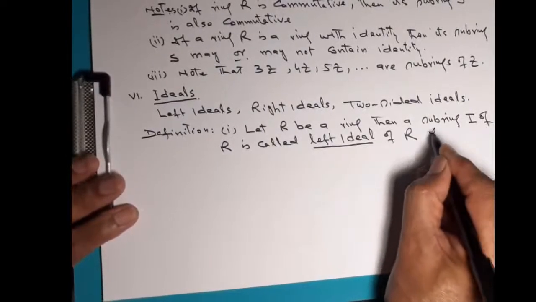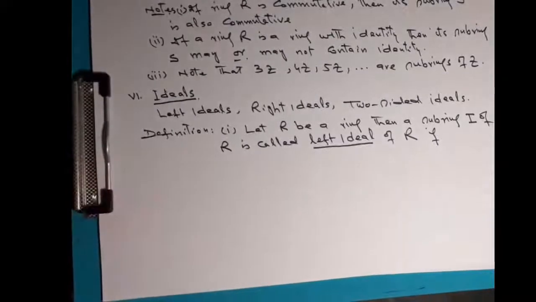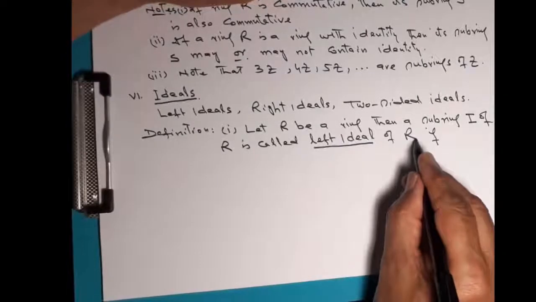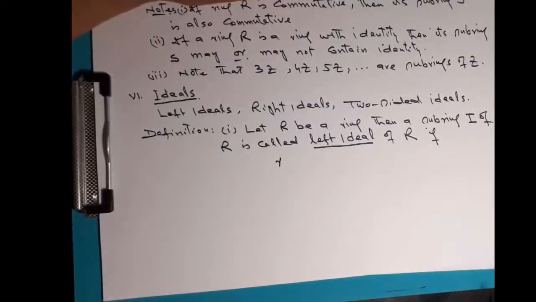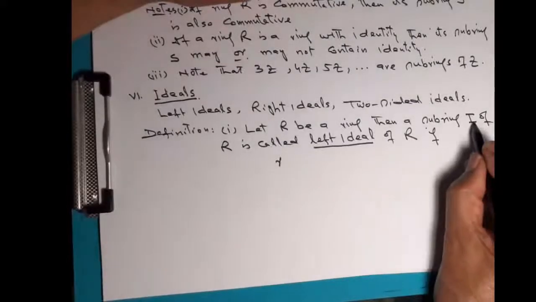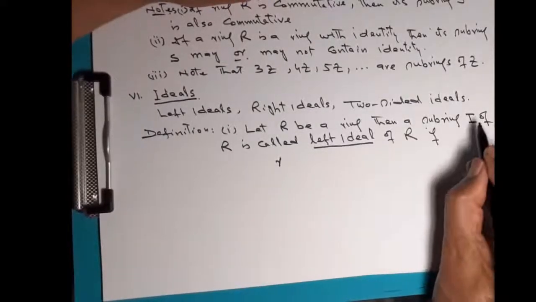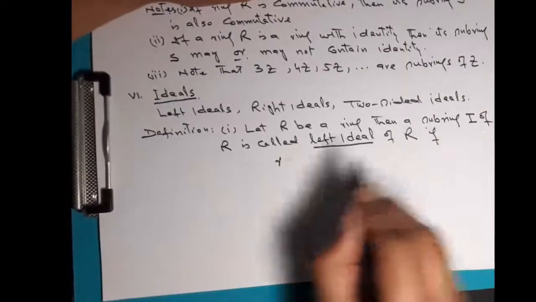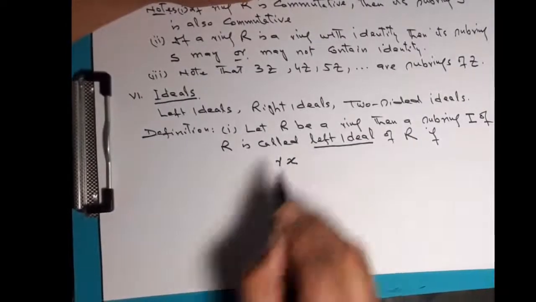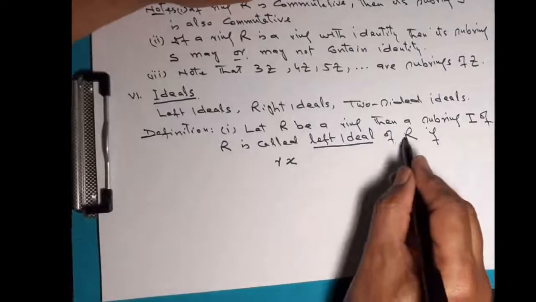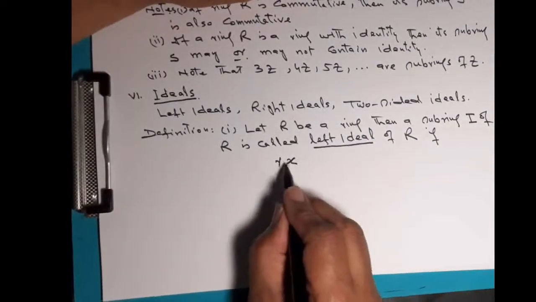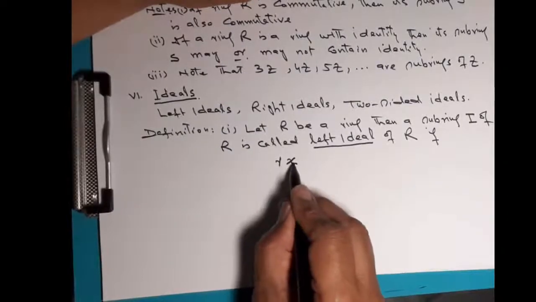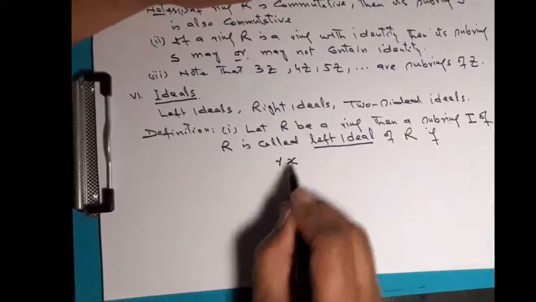A sub-ring I is called a left ideal of R if there is only one condition: if we take an element of the ring R, and an element of this particular subring I, suppose that element is x, we multiply these two with each other because both are elements of the ring R, so they can be multiplied.